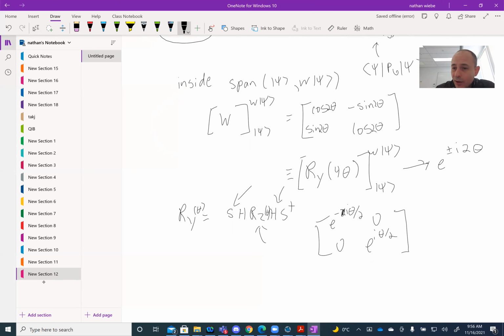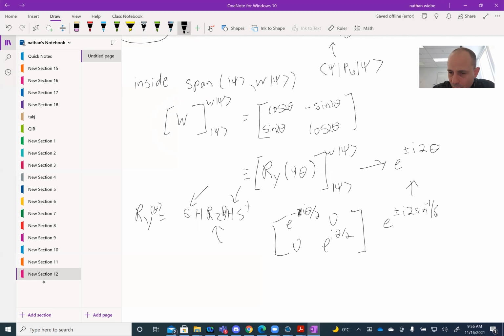Well, this is important because these are equal to e to the plus minus i twice the expectation value of P_G, psi, twice the arc sine of the square root of <psi|P_G|psi>.